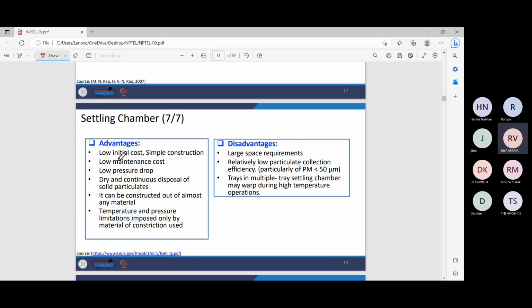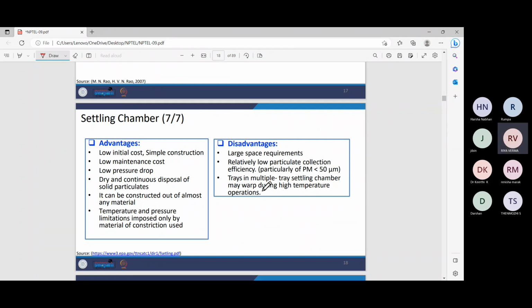Also, the disposal of the solid particulates is dry. They don't get processed in the settling chamber, and there's continuous disposal of these particulates. It can be constructed out of almost any durable material that can resist that much pressure, and temperature and pressure limitations are imposed only by the material of construction used.